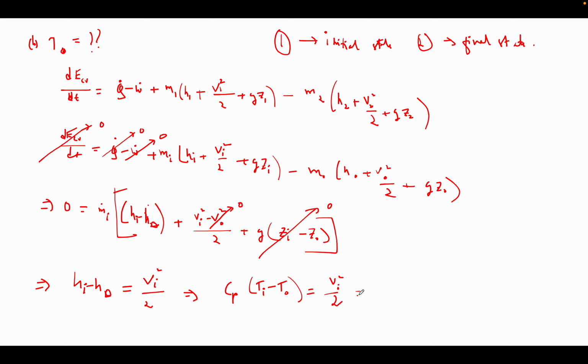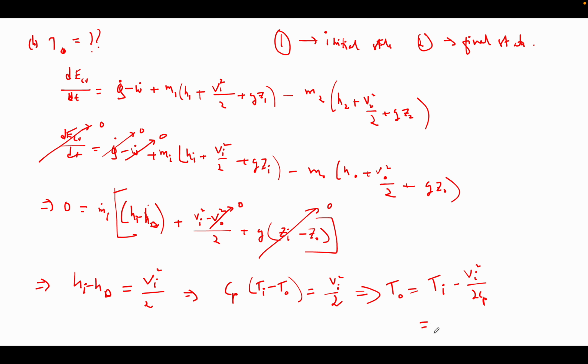Okay, from here I can write t0 is equal to ti minus vi squared by 2 times cp.